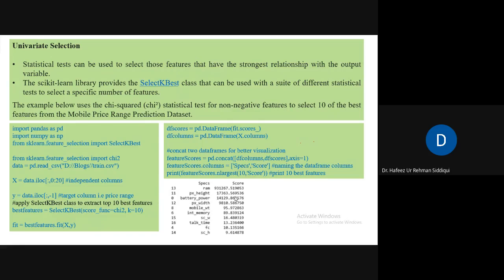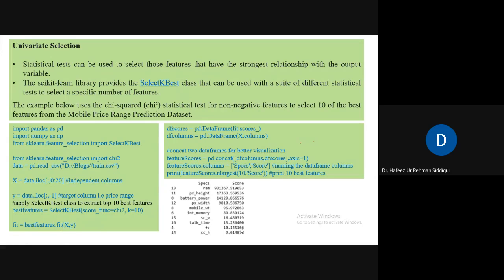931,267. And after this, the px height is the important feature. And battery power is the third one. Pixel width is the fourth one. And at the end, you can see screen height and frontal camera have the least.